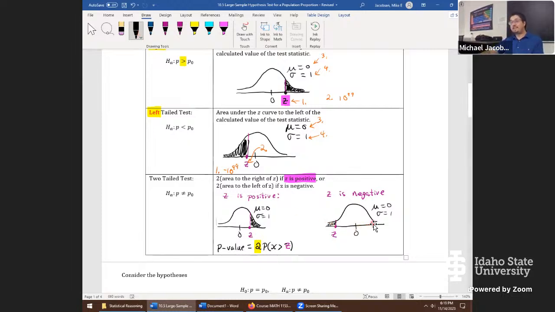But we would also accumulate area to the right of that location. That's why it's a two-tailed test. But by symmetry, we just have to double that, and that would be the correct answer. So we don't have to necessarily find area in both tails. That area up here is exactly the same as this one. So the probability statement this time would be the p-value is equal to 2 times probability that x is less than z.